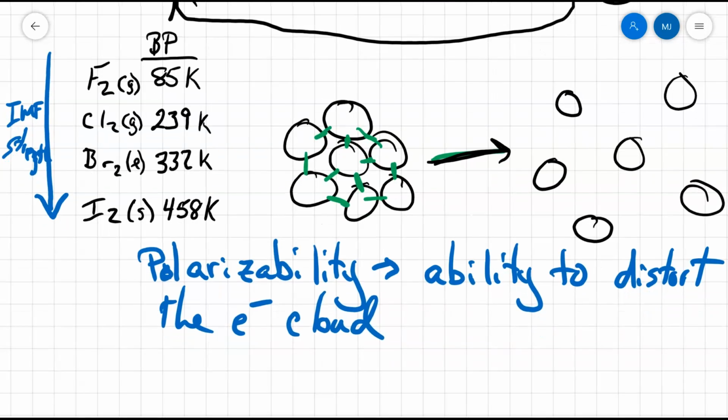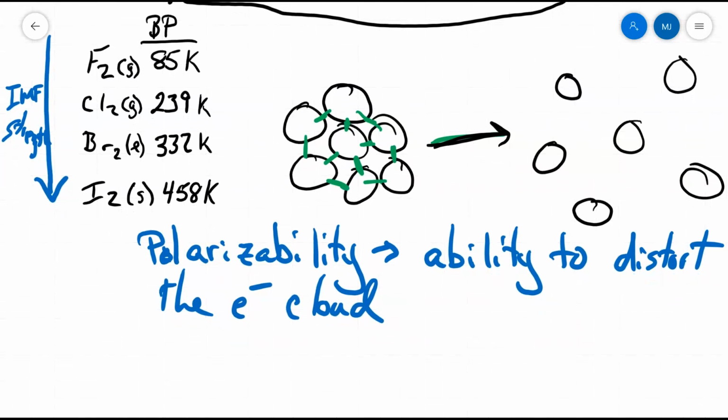And why are some compounds easier to push their electrons? Well, let's think about it. Iodine is all the way at the bottom. That's element number 53 versus element 9. It's much more massive. It's much larger.